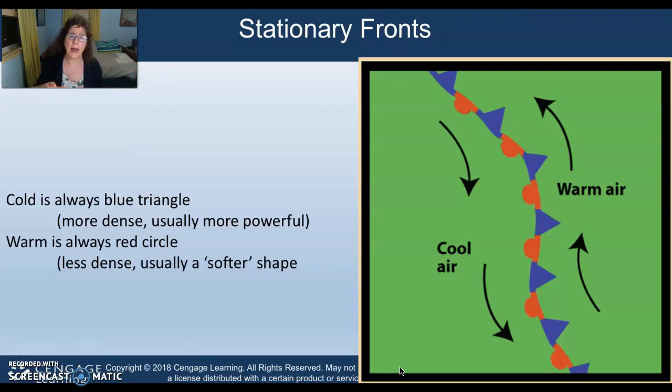The warm air mass is generally going in the opposite direction. This one wants to trend west, and it is red because it's warmer, and it has circles because it's not nearly as aggressive as the cold air mass could be. The reason it's not as aggressive, it just likes to ride high. So that's how you will see them on a surface map.